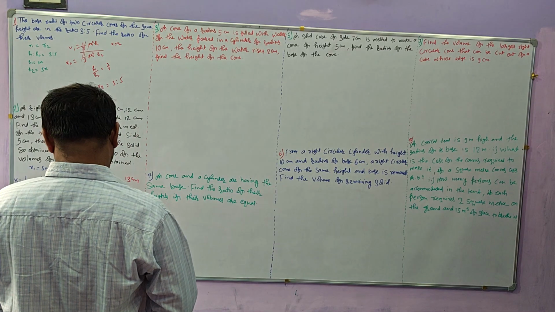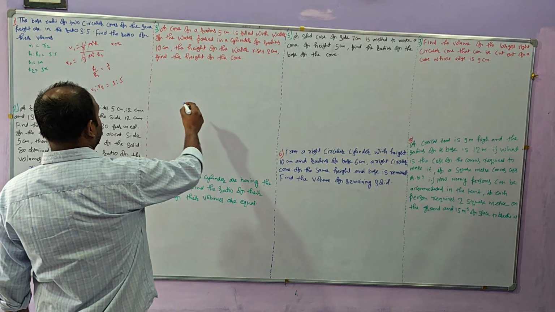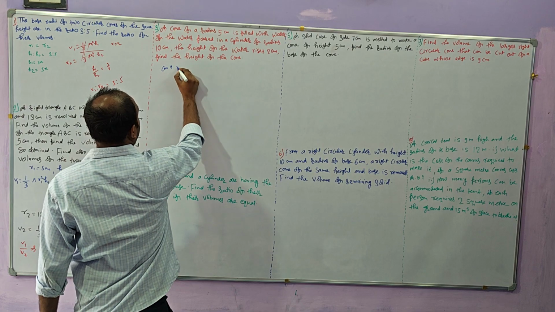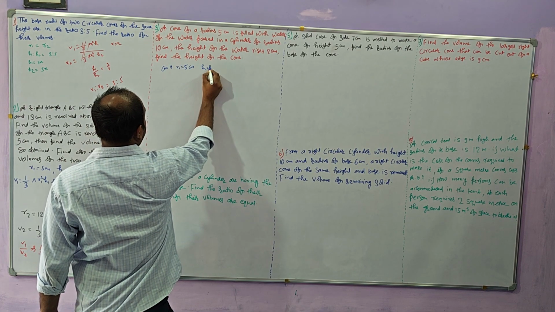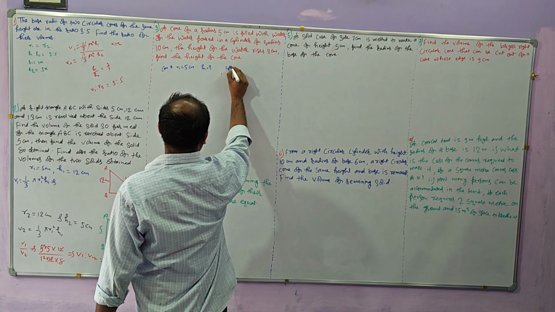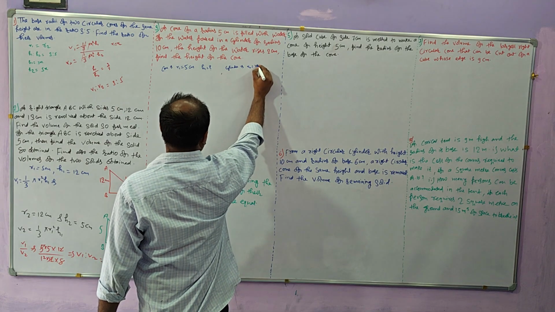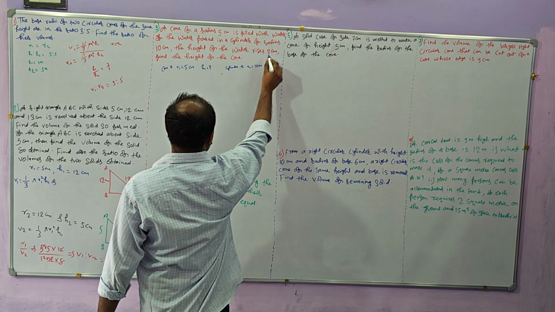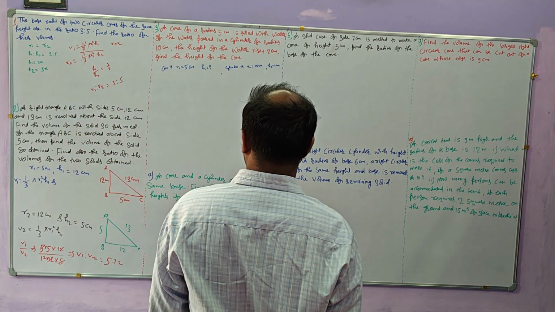So a cone of radius R1 is 5 cm and we need to find out H1. And when we talk about the cylinder, the radius is 10 cm and H2 is 2 cm.